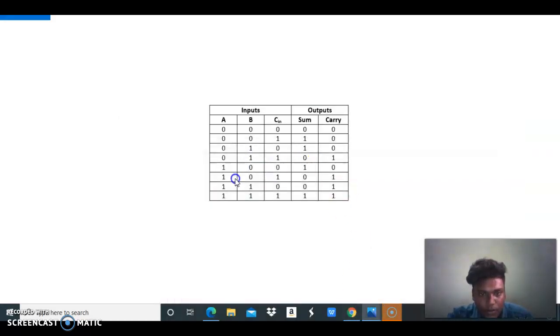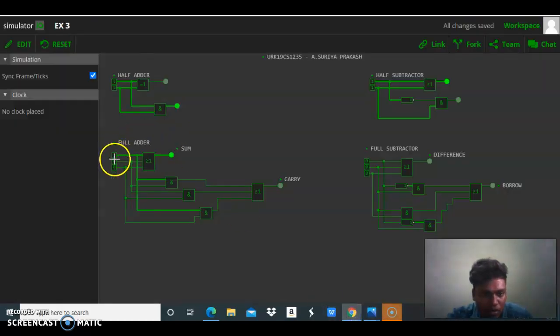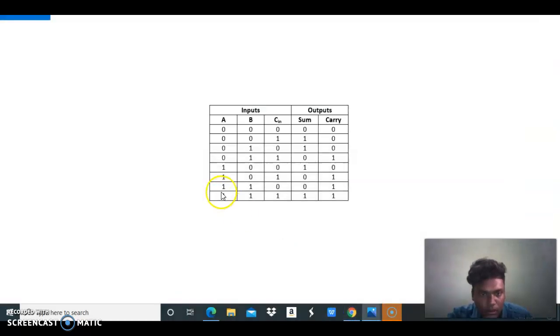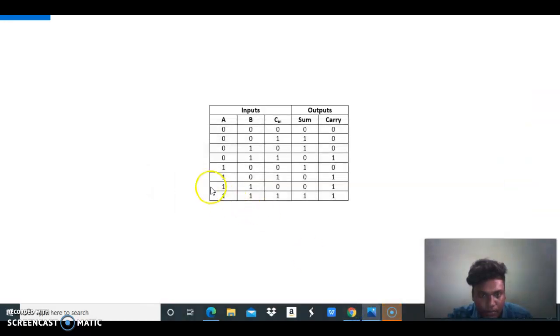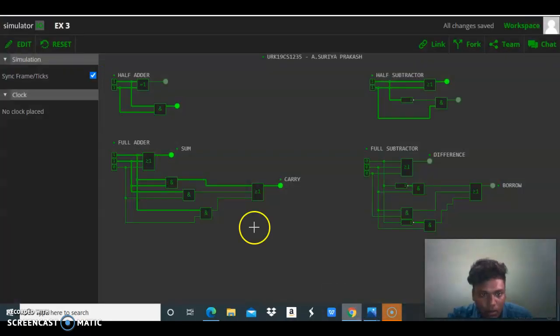Next, 1 0 1 is 1 1, 0 1. 1 1 0 is 0 1. 1 1 1, the input is also 1, output is 1 1.